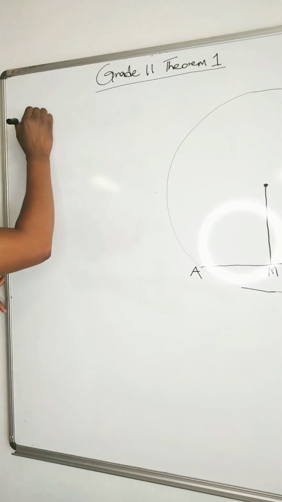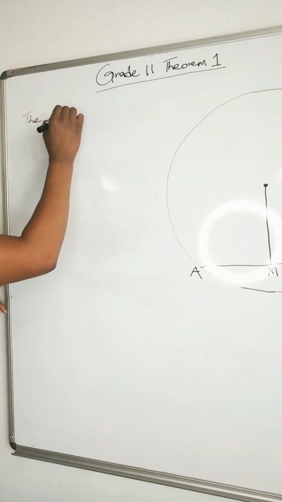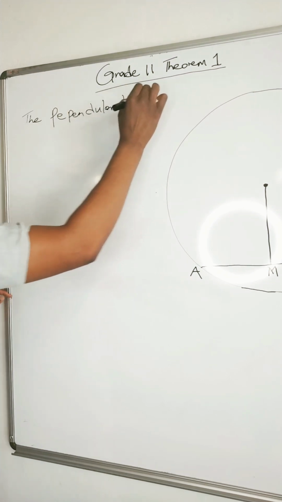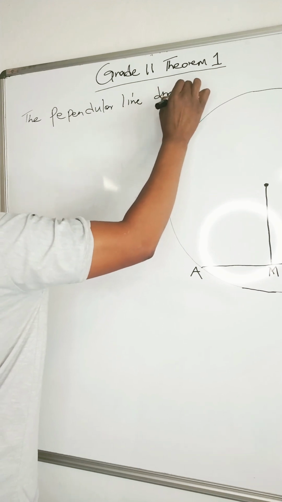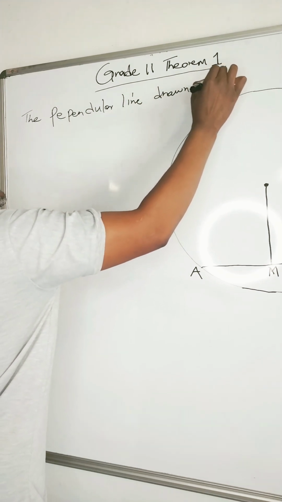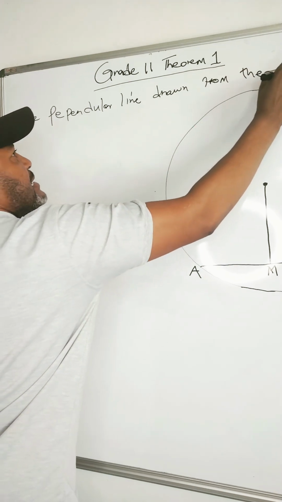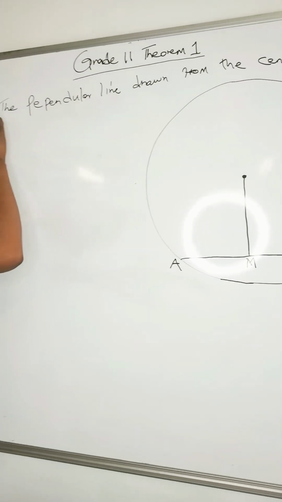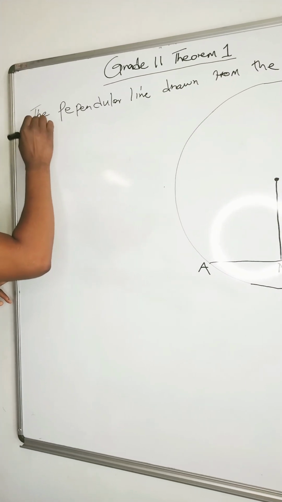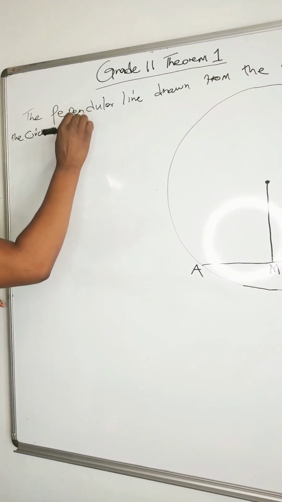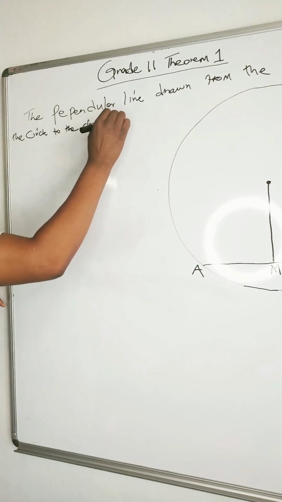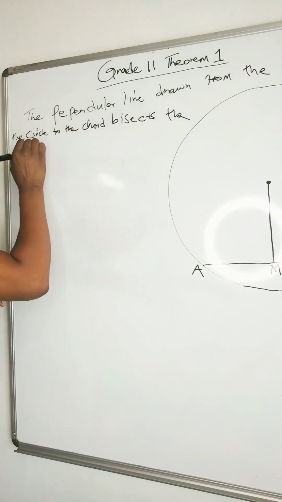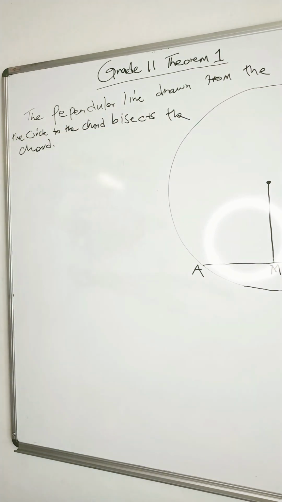It says the perpendicular line drawn from the center of the circle to the chord bisects the chord. This is our statement.